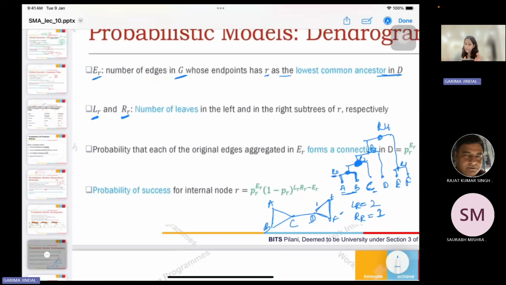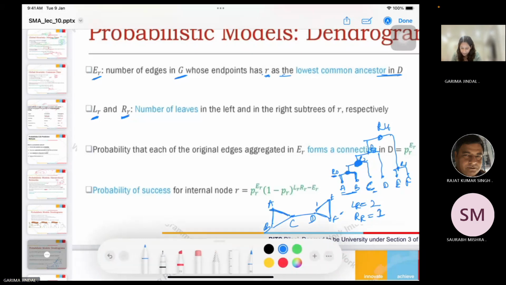Now you want to see how many edges there are in the original graph that join these two groups, that is, how many edges in G have R as the least common ancestor of their endpoints. We can see that there are these two edges that combine A, B, and C at R2. So the ER value will be 2 here.